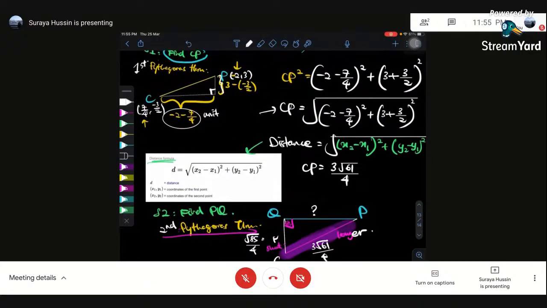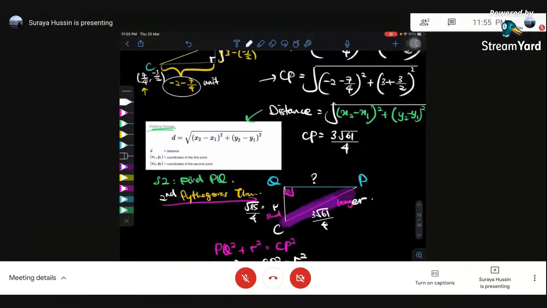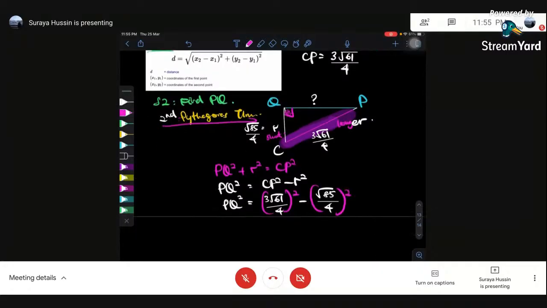Wait, Miss is getting dizzy. Is it CP squared? Yes, CP squared. Never mind. Square it back, minus 85, square root of 85 over 4. Don't be afraid.